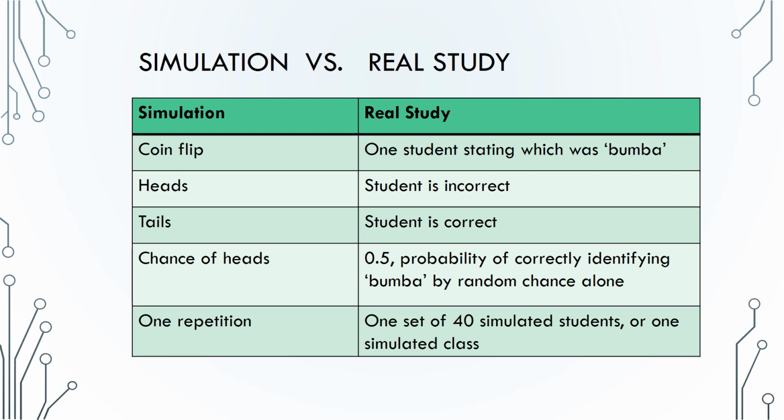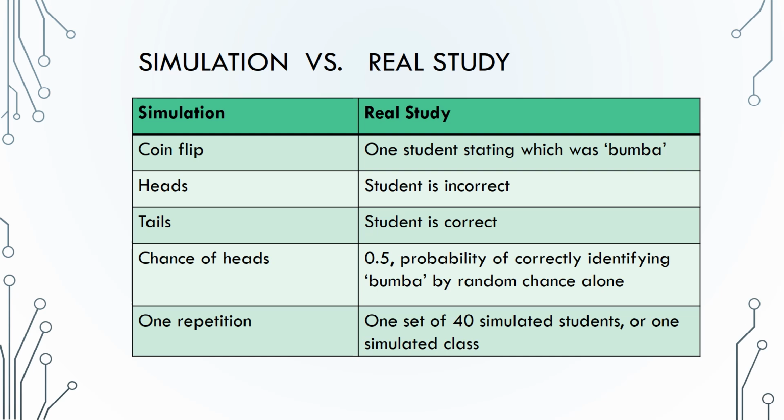Let's make sure we can connect the aspects of the real study to what we did in simulation. We flipped a coin to represent one student stating which symbol was Bumba. Heads, if you recall, was that the student was incorrect, and tails represented that the student was correct. The chance of heads was 0.5, as with any coin flip.